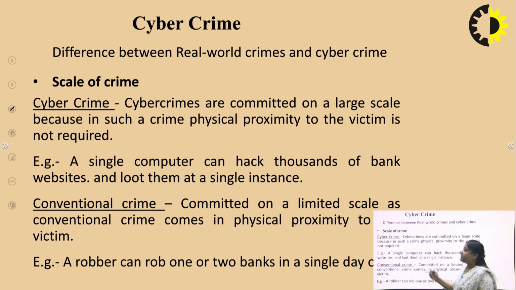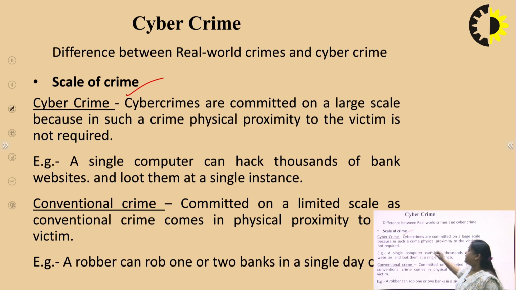Now the next way is the scale of crime. Cyber crimes are committed on a large scale because in such a crime physical proximity to the victim is not required. So whether a person is available on that system or not, it's not necessary for a cyber crime.